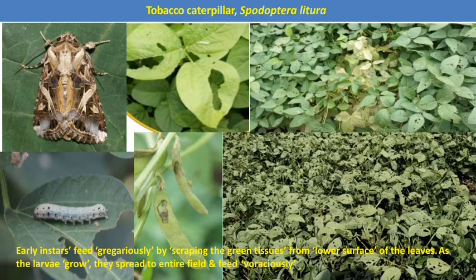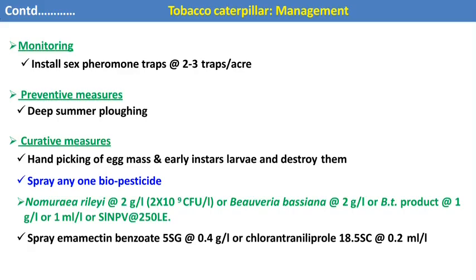For monitoring the tobacco leaf-eating caterpillar, you can install a sex pheromone trap with a Spodo lure. Deep summer plowing is one of the preventive techniques. For curative purposes, we can collect the egg masses and early instar larvae of Spodoptera litura. Metarhizium anisopliae is an entomopathogenic fungus or biopesticide.